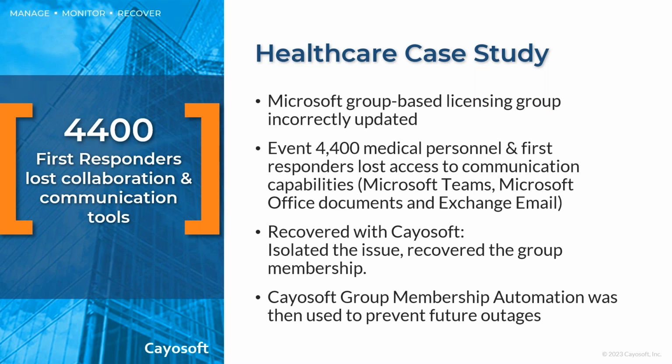In addition, there is some metadata that's lost when those licenses were revoked, and our solution puts that back as well. Moving forward, they automated the memberships with Chaosoft administrators so that they didn't have those issues again.